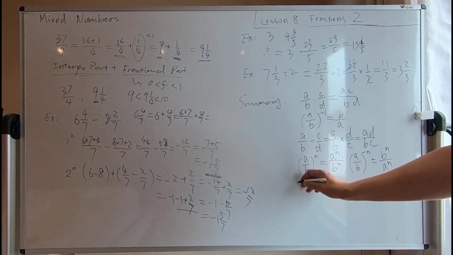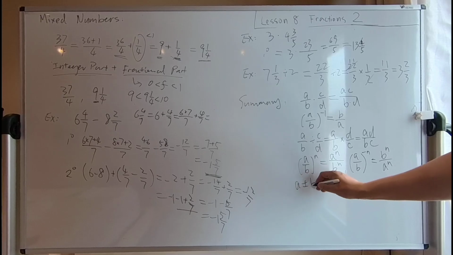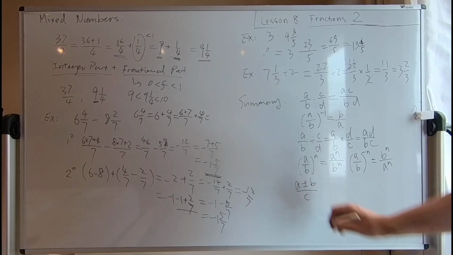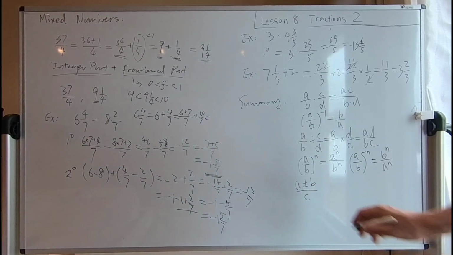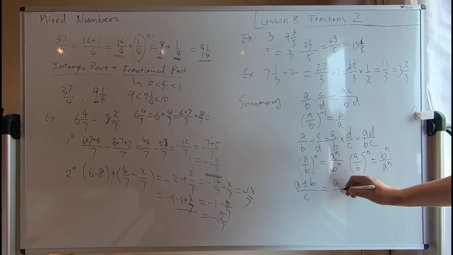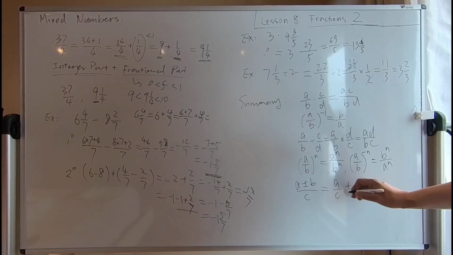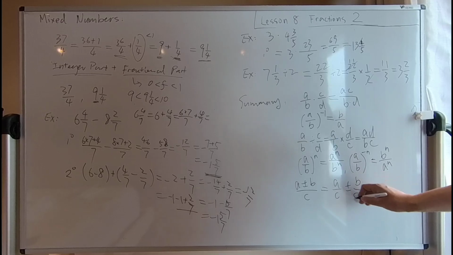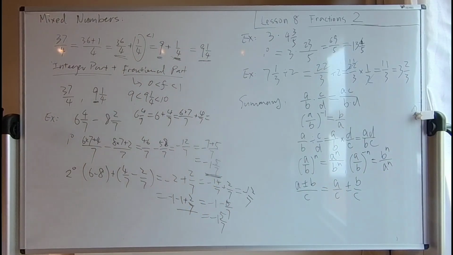And finally, what we just learned in this class, the redistribution. So a plus or minus b over c, with the common denominator of c, is equivalent to a over c plus or minus b over c. So these are all the useful formulas for operations between fractional numbers.